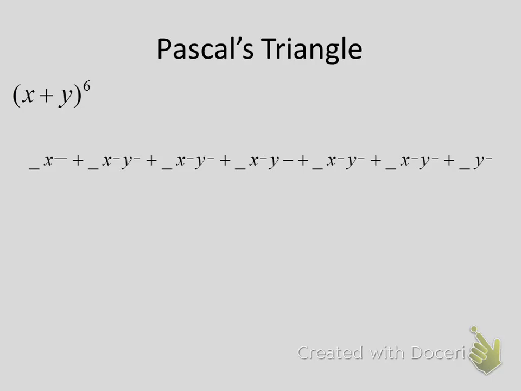First thing you do, hit the Pascal's triangle app, hit 6, and get your coefficients. It should be, if I'm not mistaken, 1, 6, 15, 20, 15, 6, and 1.